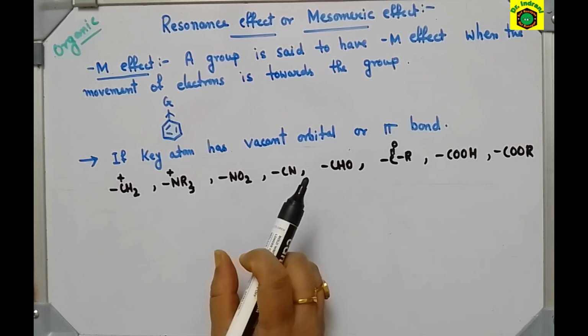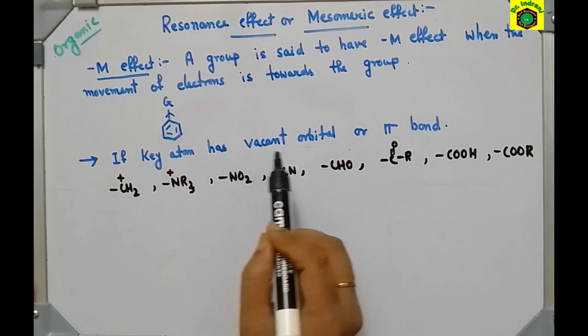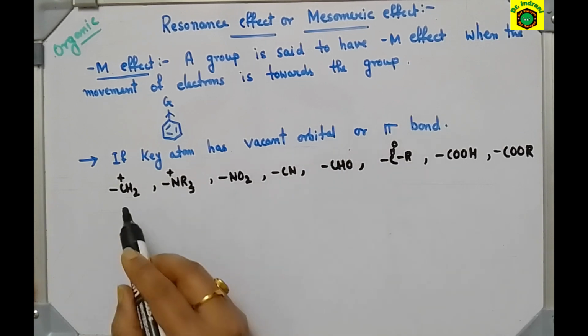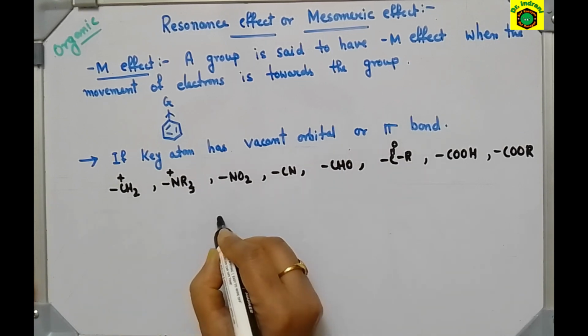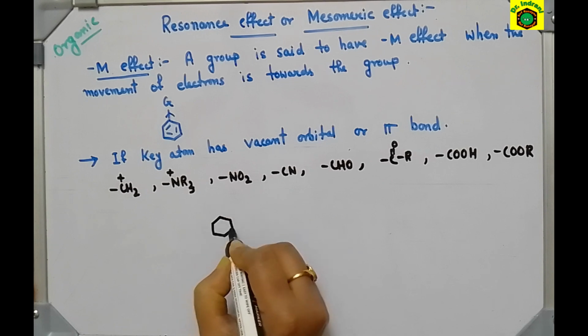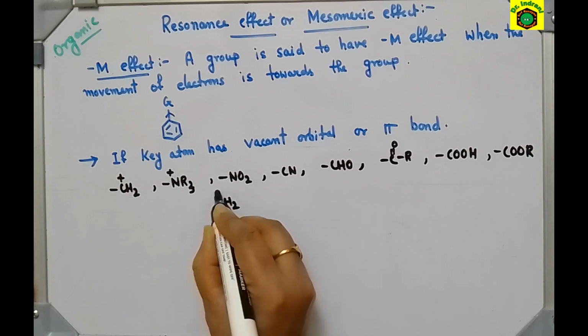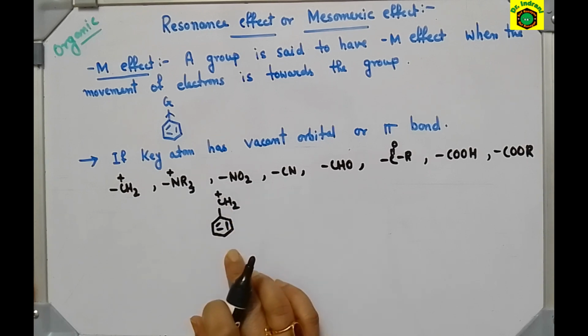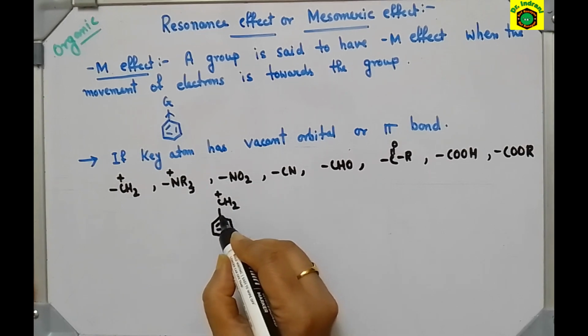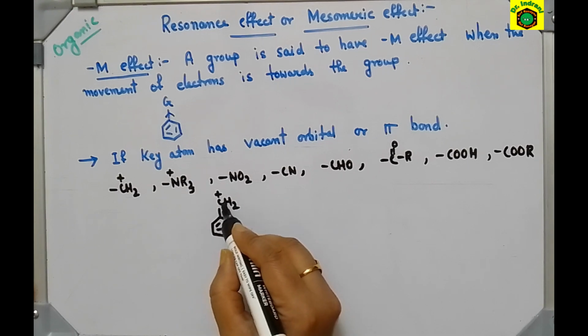How will you identify? If the key atom has a vacant orbital or pi bond. Now see here, with the conjugated system, this is attached. This is benzylic carbocation. So the key atom is this one, which is directly attached with the conjugated system, so it is having a vacant orbital.